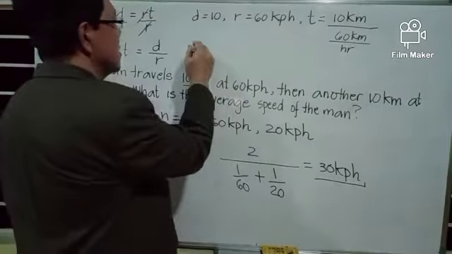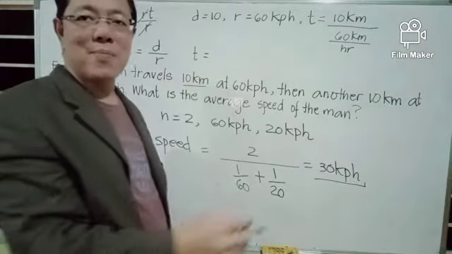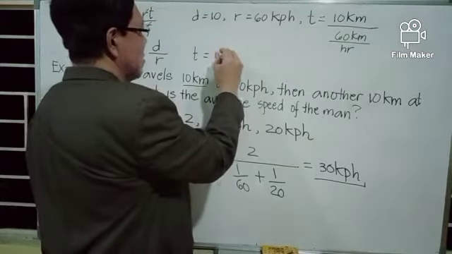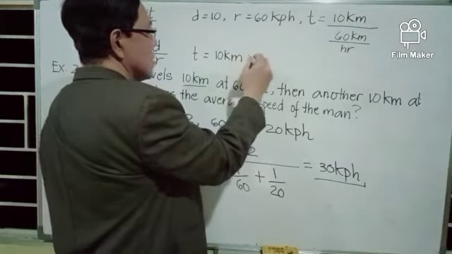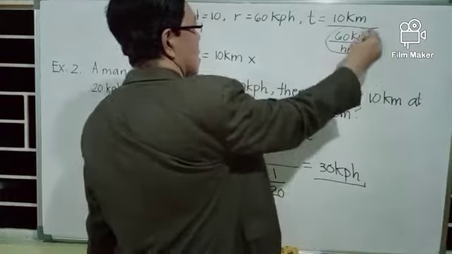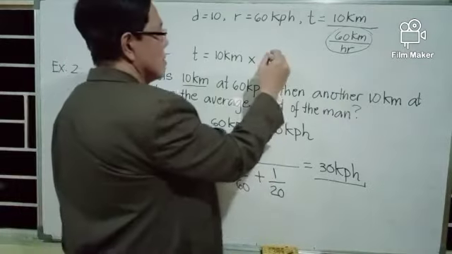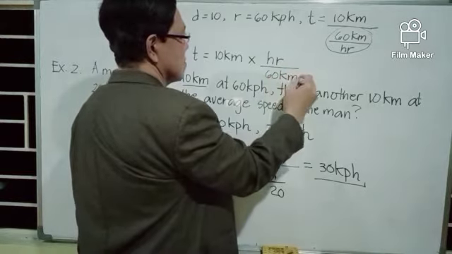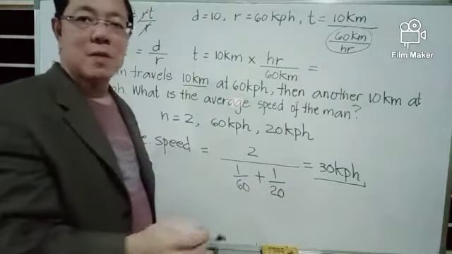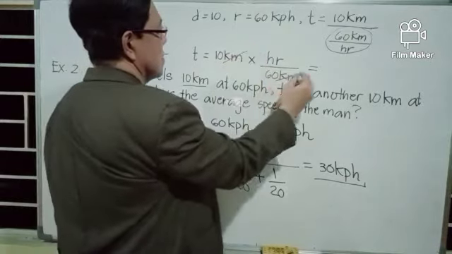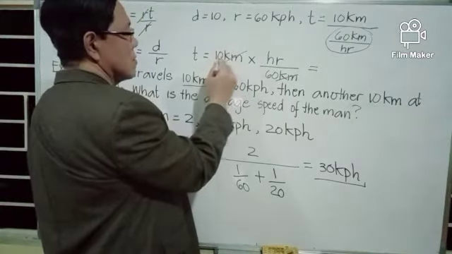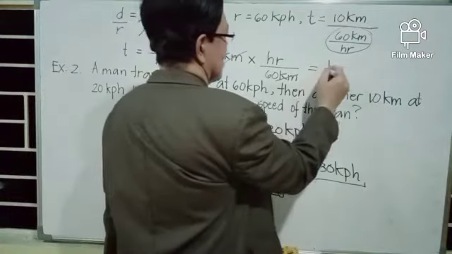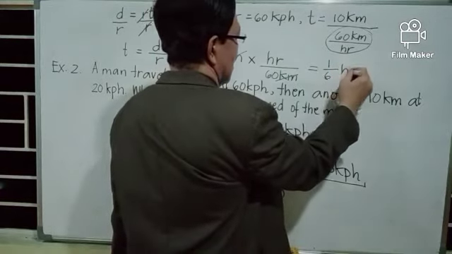We simplify this fraction. We have the numerator 10 kilometers. We multiply by the reciprocal of the denominator, r divided by 60 kilometers. And kilometers will cancel out. And 0 will cancel out. 10 over 60 in lowest terms is 1 over 6, 1 over 6 r.